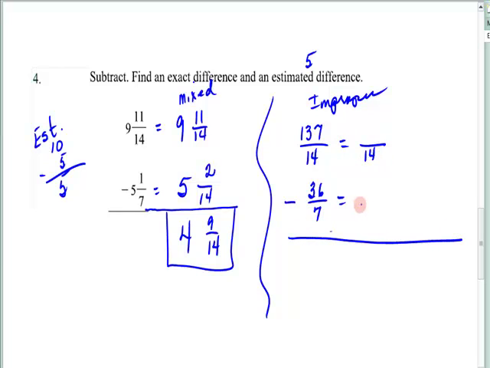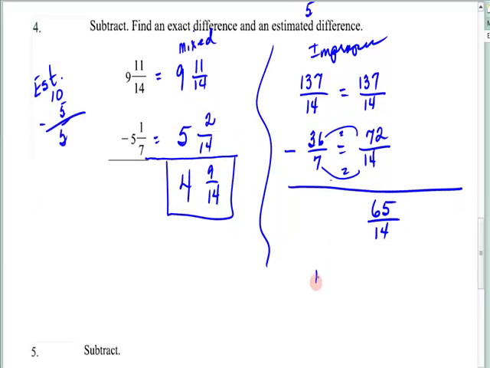Common denominator is 14. No change for that fraction. 7 goes in there 2 times, and 2 times 36 is 72. So now I have 137 minus 72, which gives me 65/14. It's improper, so I'll take 14 into 65.